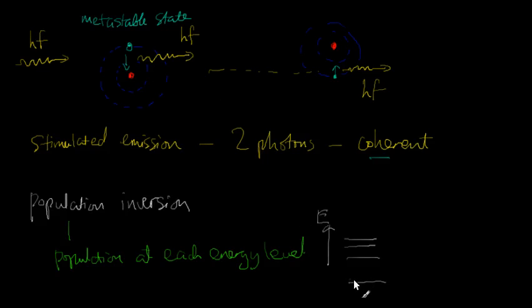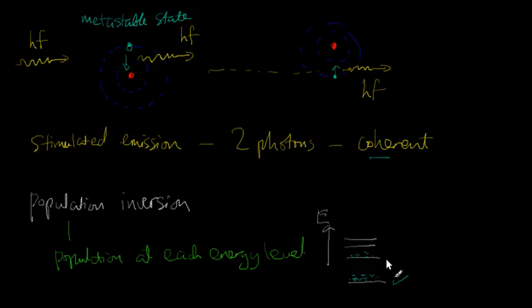atoms in the lower levels than in the higher levels, because those atoms with electrons in the higher level would tend to fall to the lower level, even if they get excited by external forces. So the tendency is that we would normally have more atoms or electrons in the lower level, and fewer in the upper level.